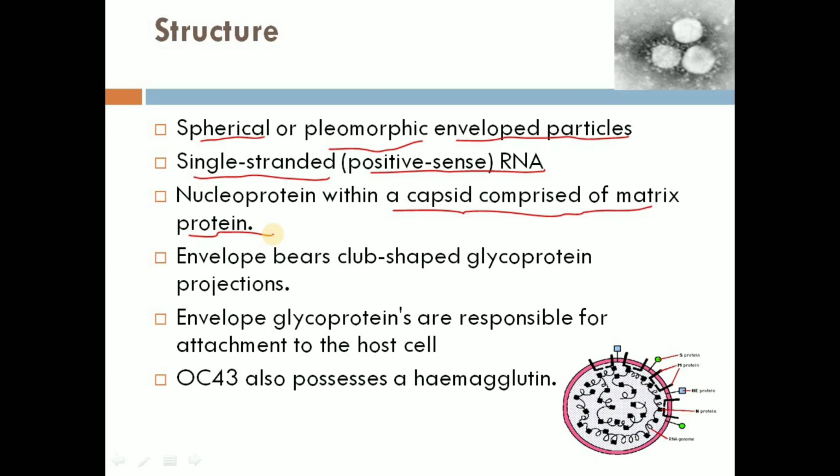The envelope bears club shaped glycoprotein projections, which give the crown-like appearance. These envelope glycoproteins are very important, and they are responsible for attachment to the host cell when the virus comes in contact with the host, transmitted through close contact, fomites, or airborne.